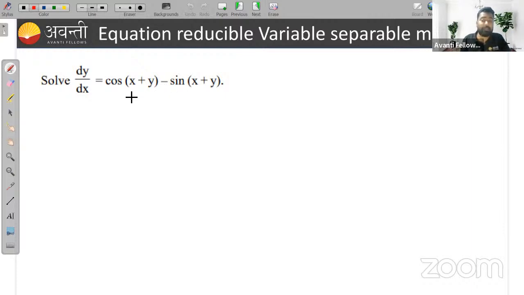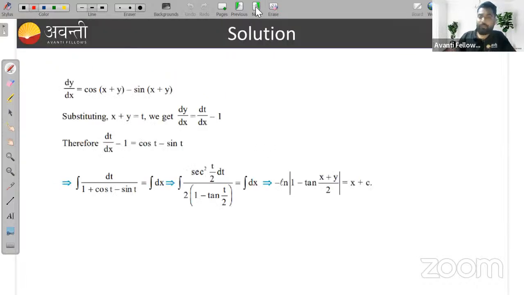So we cannot separate these variables without substituting. So how can we reduce it to variable separable form? Tell me. Anyone? Okay, let's see how we can do it.